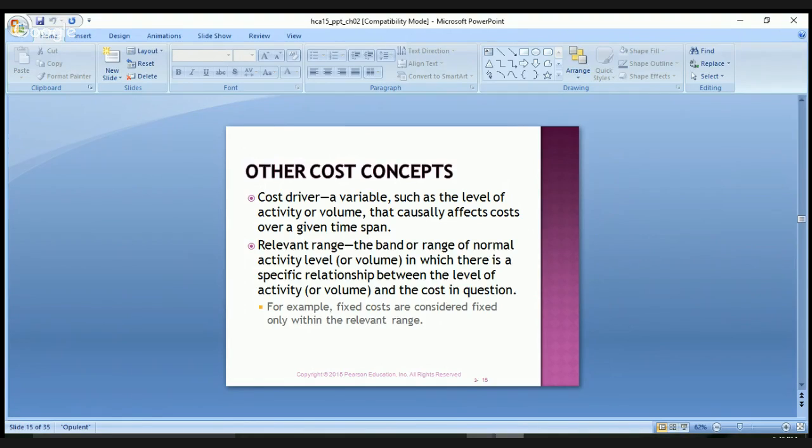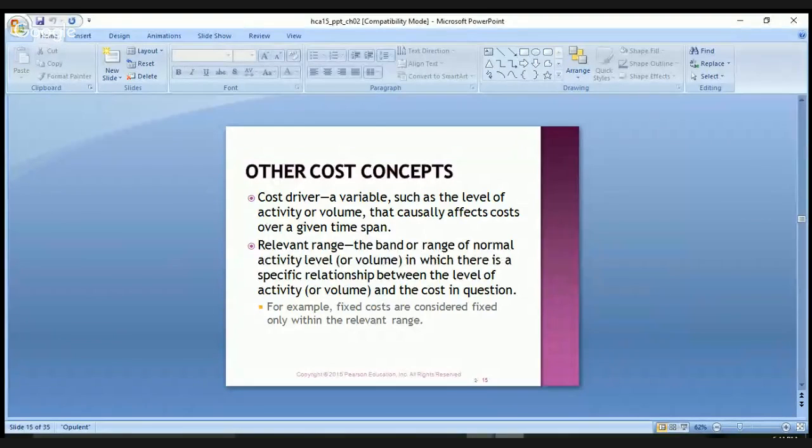So in your book, what they talk about, I believe, is a truck. In this example, the truck can go 120,000 miles.